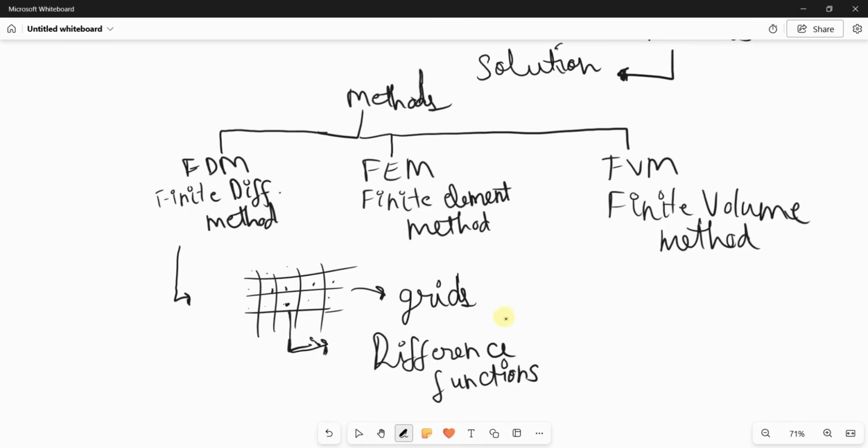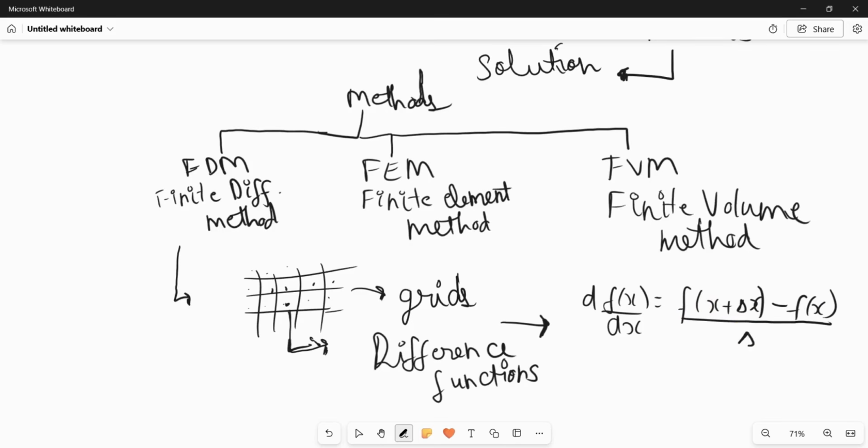Now, these difference functions, there are three common ones. One I can write as df/dx equals f of x plus delta x minus f of x, divided by delta x. Then you have the second one, that is f of x minus f of x minus delta x, divided by delta x.